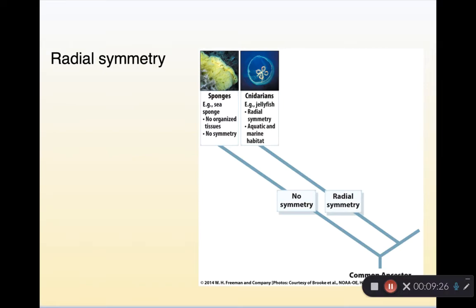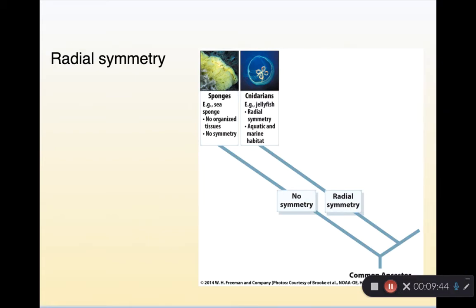Then as we go up our tree, farther away from our common ancestor, and branch out, we start to see radial symmetry. This is when we get cnidarians, which are like jellyfish, a lot of aquatic life, a lot of coral life.